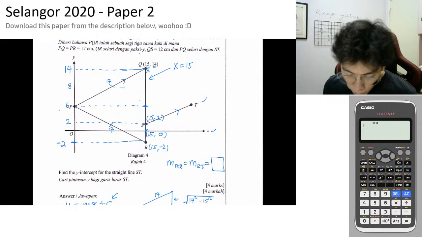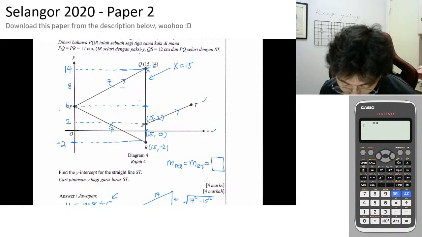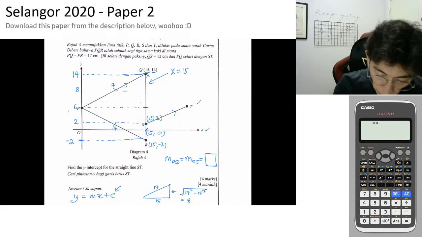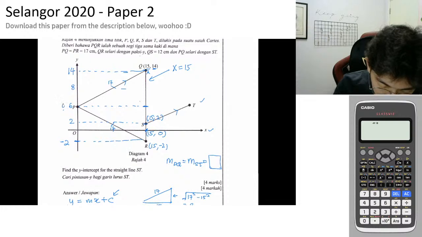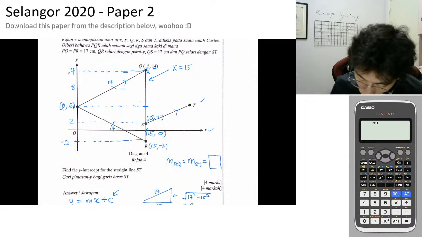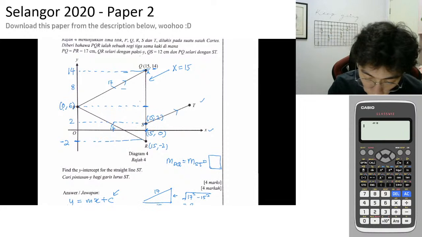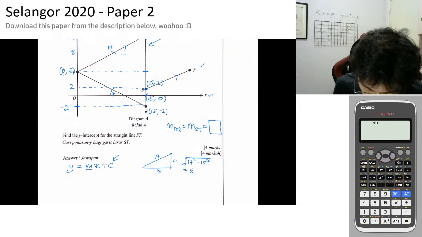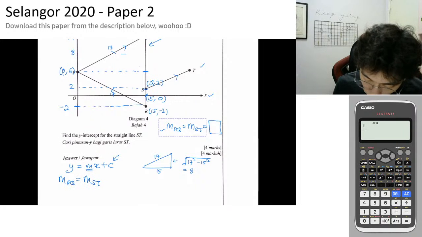Okay, I'm going to get my gradient now, because I got this 6 here already. So my PQ, I'm going to solve here. I write my m: gradient PQ equals gradient ST. This one, I take it down here already.